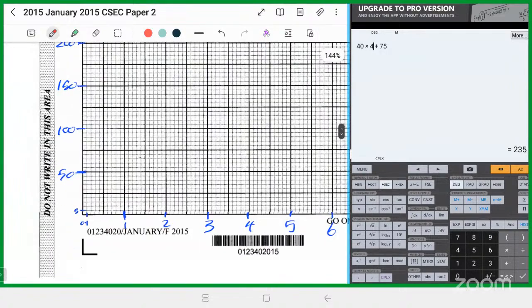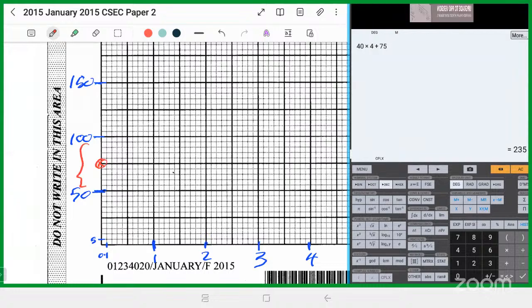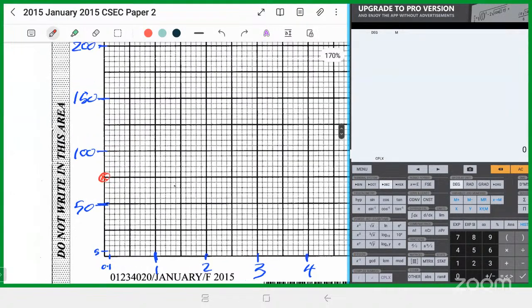The 75 will be right here, halfway between 50 and 100. They're going up by 40. So how many lines is 40? That's 5, 10, 15, 20, 25, 30, 35, 40. That's the next line. They're going up by 8 lines.